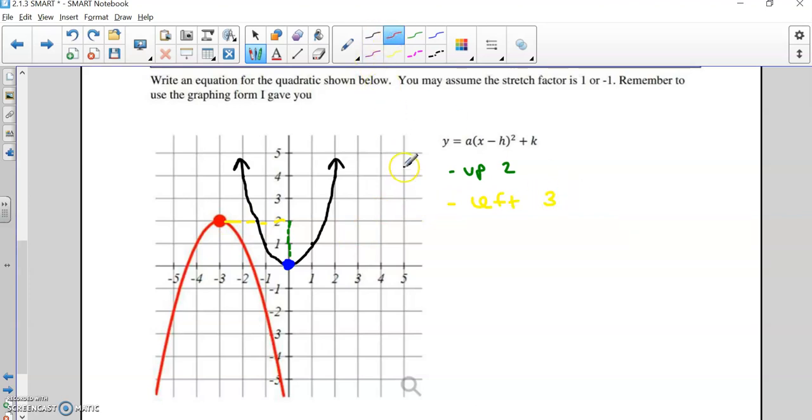All right, and you might think you're done, but there's one more kind of sneaky yet still obvious piece that we have to include, and that's the fact that this original parabola flipped, right? Now it's opening down, whereas the original was opening up, and that tells us that there was a reflection. Okay, and that means that in our equation, it's going to have a negative sign.